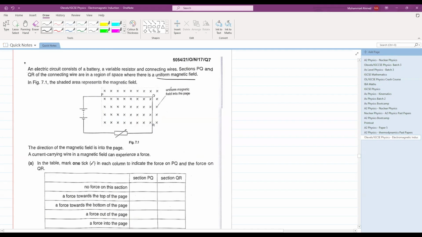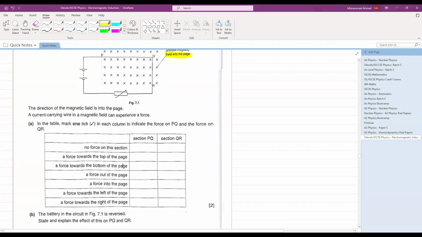In figure 7.1, the shaded area represents the magnetic field going into the page. The important part is the direction of the magnetic field: into the page. A current carrying wire in a magnetic field can experience a force. Okay.